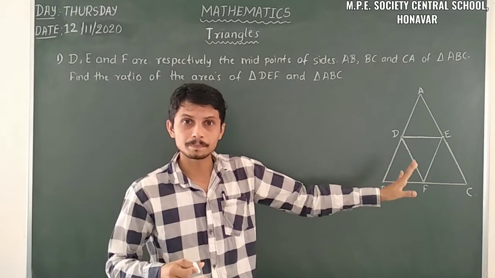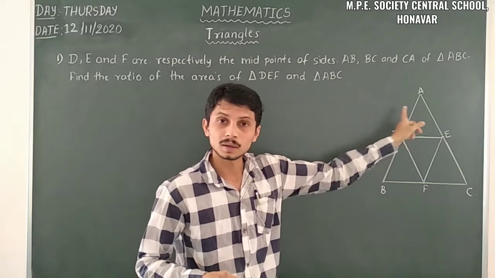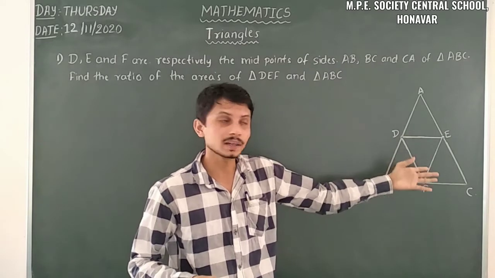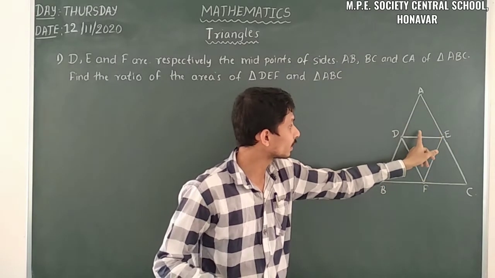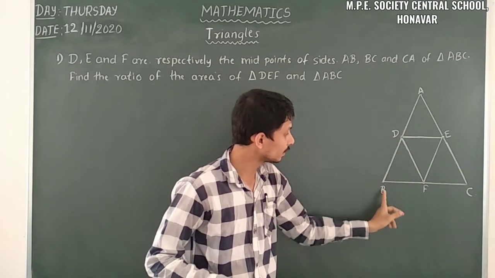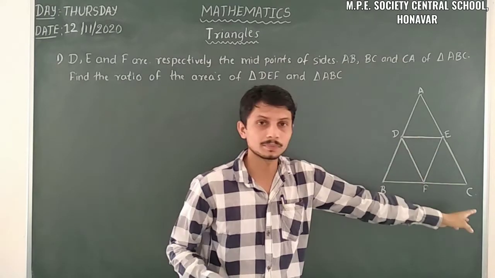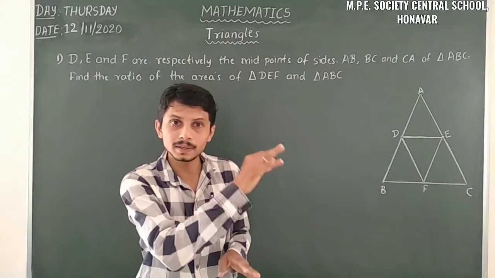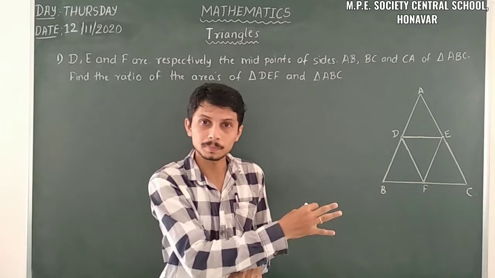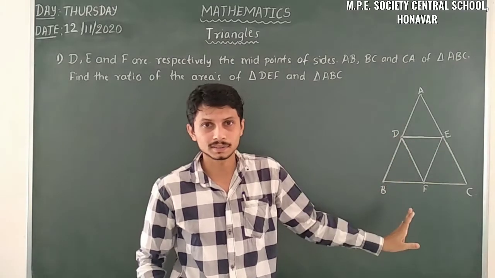The area of the complete triangle ABC is equal to the sum of the areas of triangle ADE, triangle DBF, triangle DEF and triangle EFC.